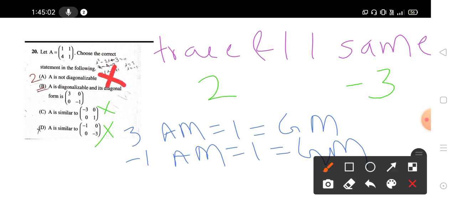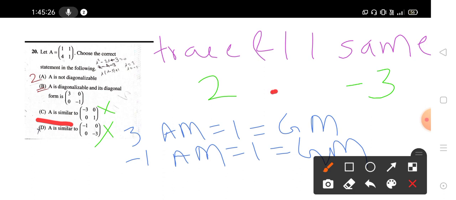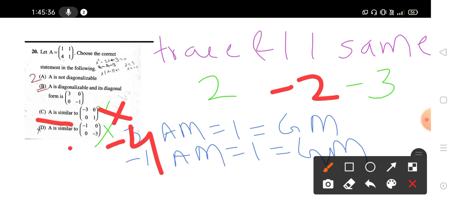And now check for option C, and A is similar to option C. Then trace, determinant and Jordan block should also be the same. Here check for given matrix A. Here trace is 2, and here trace is -2, therefore C is also wrong, and here trace is -4, this is also wrong.